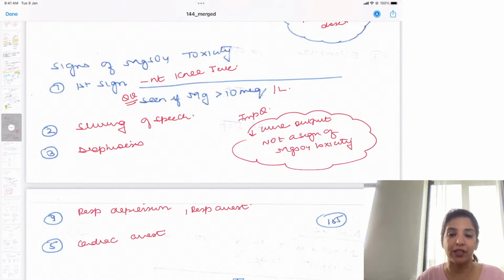And if urine output was decreased, you said we are not going to give magnesium sulfate.